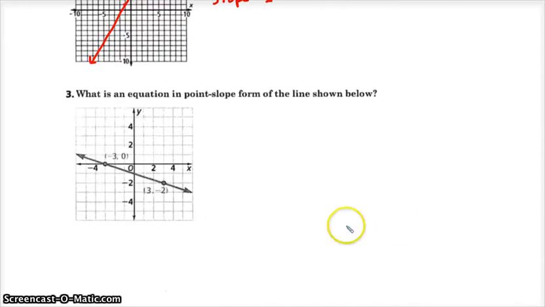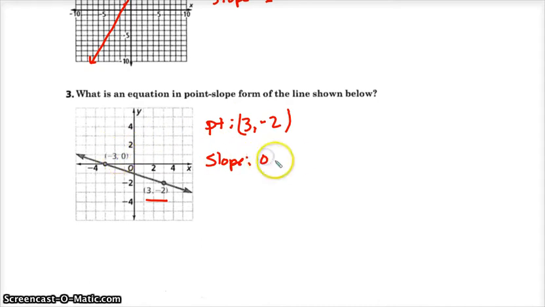All right, last question, number 3. What is the equation in point-slope form below? So you need to have a point, and you also need to have a slope. The point I'll choose, let's go with (3, -2). And to find the slope, we need to use our slope formula. So I'm going to do 0 minus -2 all over -3 minus 3.